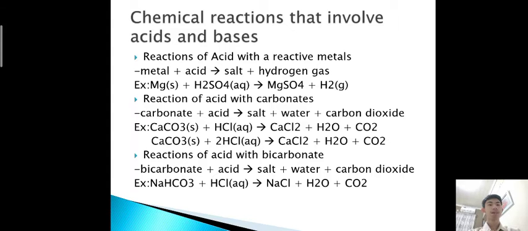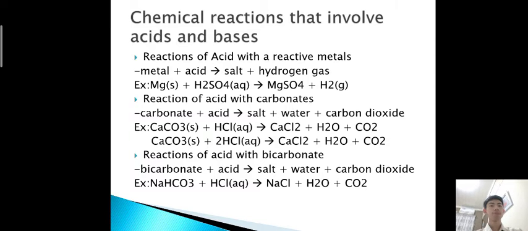The second one is the reaction of acid with carbonates. The formula is carbonate plus acid forming salt plus water plus carbon dioxide. For example, CaCO3 or carbonate in solid form plus HCl in aqueous form forming CaCl2 plus H2O or water plus carbon dioxide, CO2.